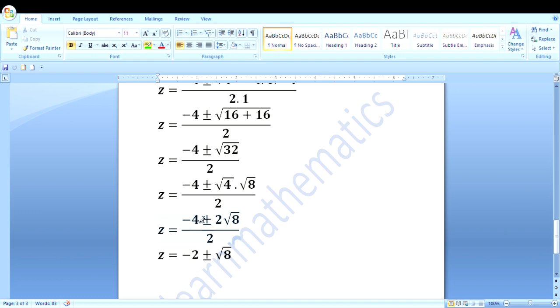So this 2 divides minus 4 to give us minus 2, and this 2 also divides 2, giving us root 8, because what they ask is that we find integers a such that z is equal to a plus or minus the square root of b. Our b here is 8 and our a is minus 2. The integers could be positive or negative whole numbers.